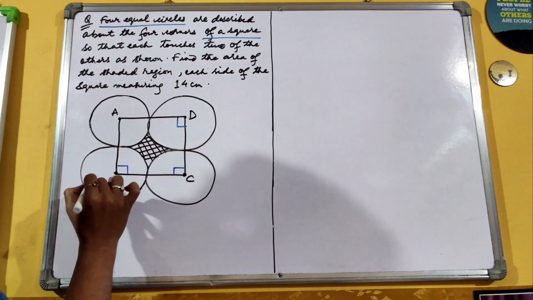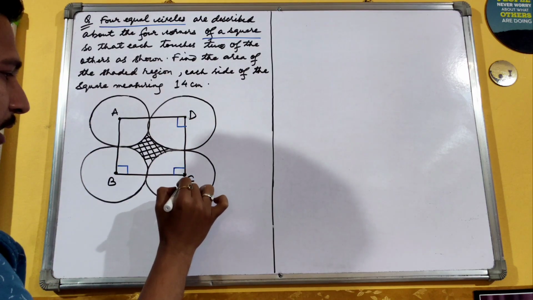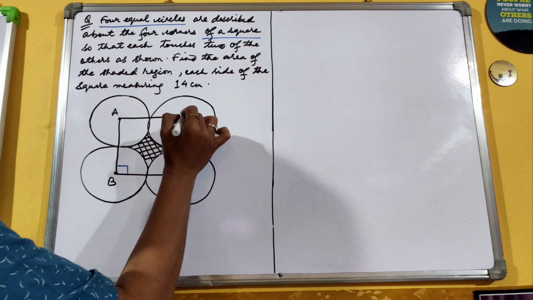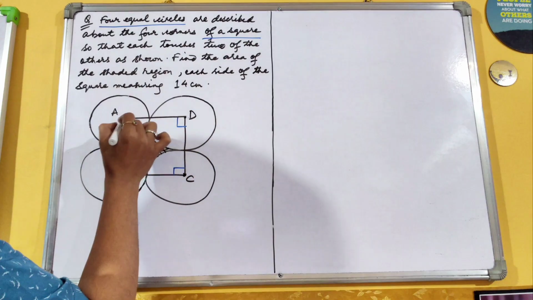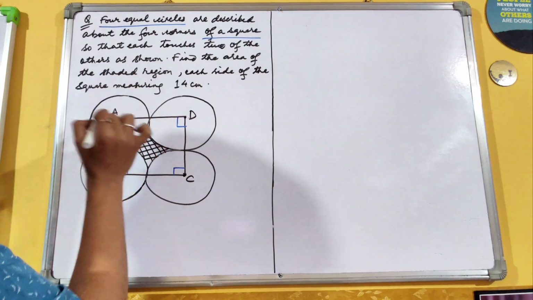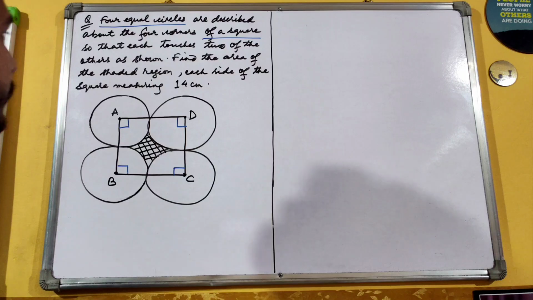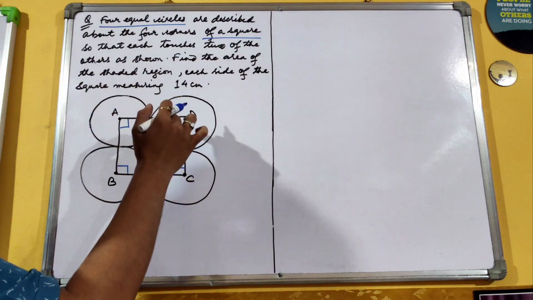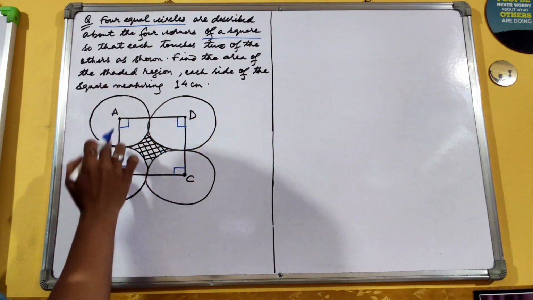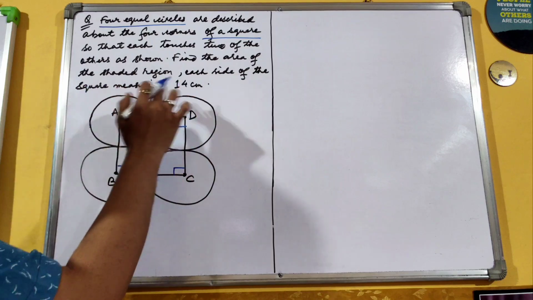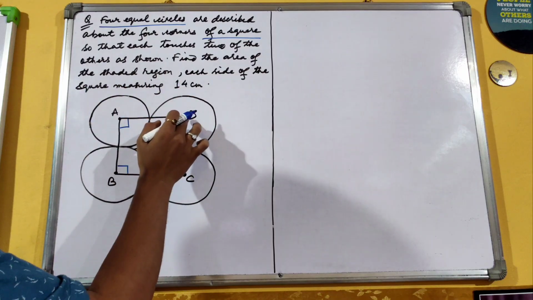So AB perpendicular BC, BC perpendicular CD, CD perpendicular DA, and DA perpendicular AB. So the 4 circles are described about the 4 corners of a square. This is a square ABCD, and there are 4 circles. The centers lie at the vertices.